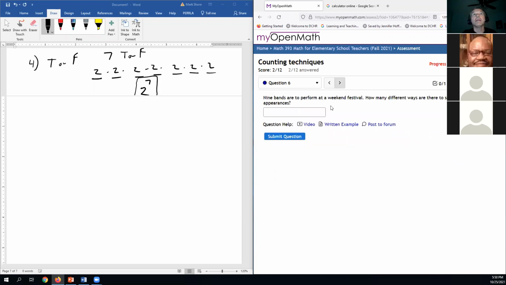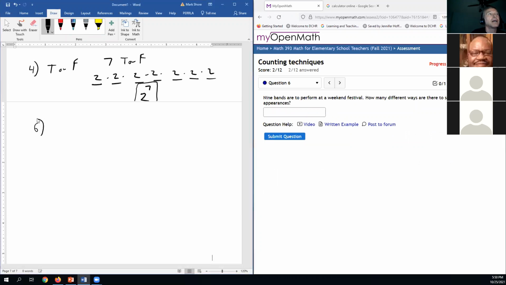So here we are on problem 6. It says 9 bands are to perform at a weekend festival. And how many different ways are there to schedule their appearance? Okay, we'll call these bands A, B, C, D, E, F, G, H, I. Or you can call them 1, 2, 3, 4, 5, 6, 7, 8, 9 if you like, but I just didn't want to get any numbers confused with how we're doing this here.